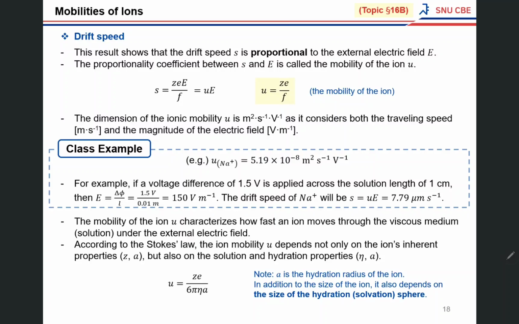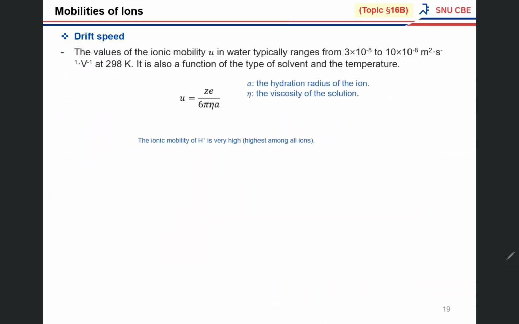That's a topic I'm going to talk about right now. So now we have this relation, and what we are going to do is compare the values of the ionic mobilities of the alkali group cations and the halide group anions.